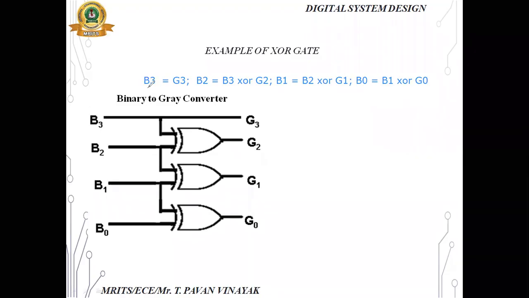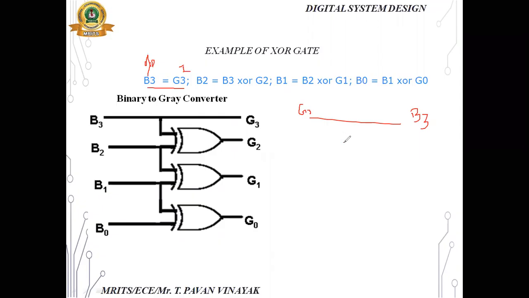See, B3 is equal to G3. This one is output, this one is input. So G3 is given to B3. Okay, next we want one XOR gate.